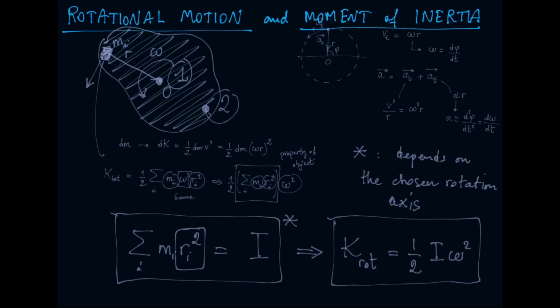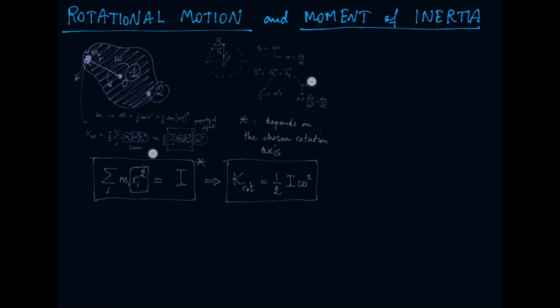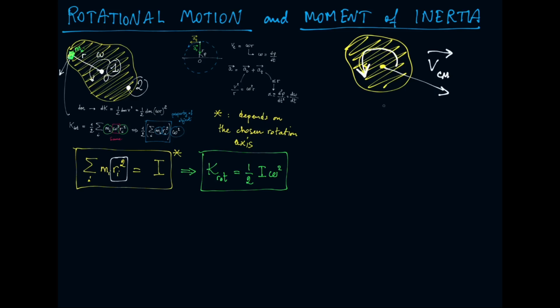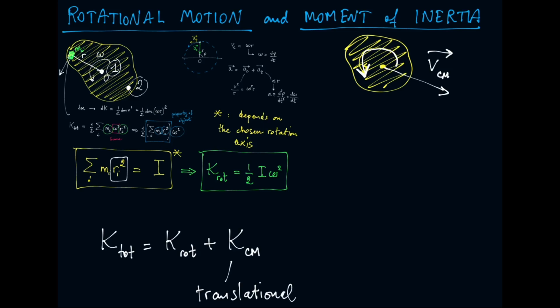Now, if there's both a rotation of the object and a translation, so you have to imagine that this blob that I'm considering is not only rotating around a certain axis, but it's also collectively moving with a certain velocity, then the total kinetic energy associated with this motion is the sum of the rotational component that we just talked about, plus the usual translational kinetic energy.